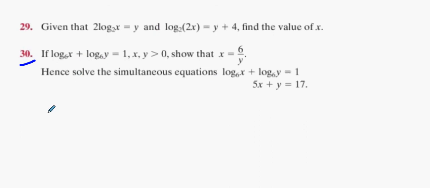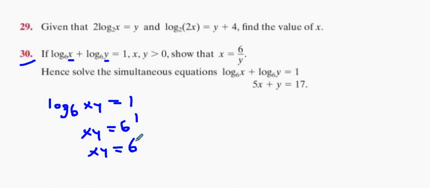No bother. The multiplication rule. This means log base 6 of x multiplied by y, and you get xy equals 1. Bring the 6 upwards, you get xy equals 6 to the power 1, otherwise known as xy equals 6. Everybody cool with that? Let's look at the next part then. What can we change that to?